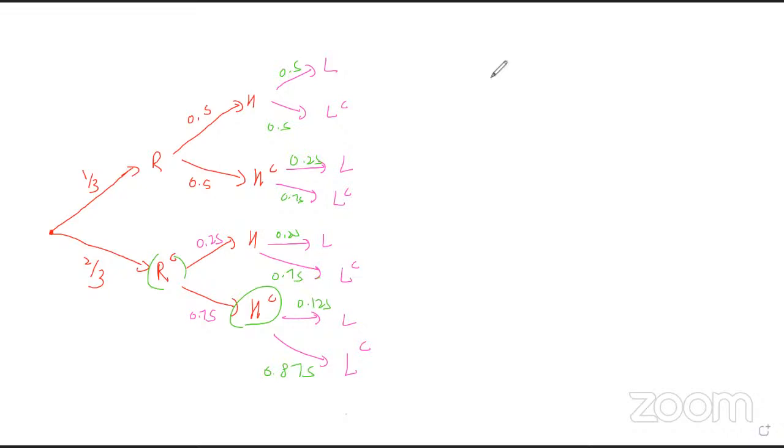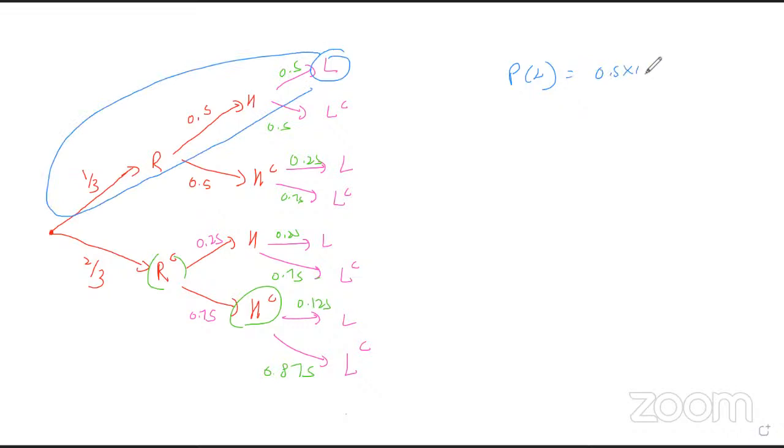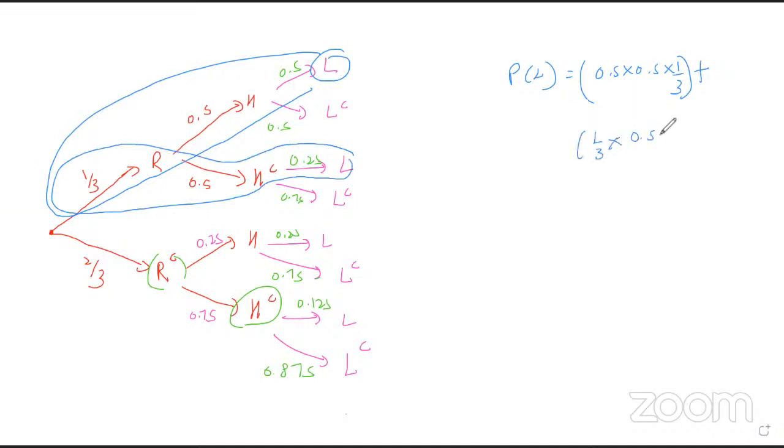So now the probability of being late, you have to track back this branch, right? So it's 0.5 into 0.5 into 1/3, plus the second case of being late, you have to track back this branch as well: 1/3 into 0.5 into 0.25.